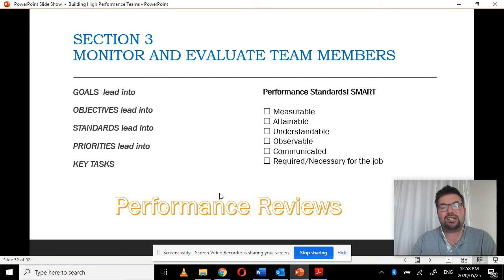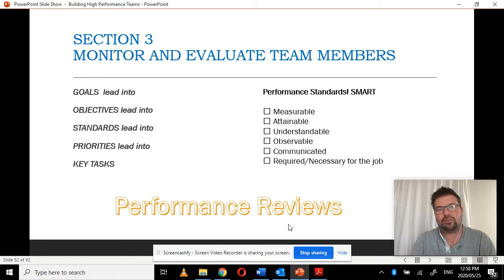All of these feed into something called performance reviews. Now, when you work in a corporate office, you know that every year or every 6 months or every 3 months, you go and sit with your manager and you discuss your key performance indexes and you discuss the targets so that we know that we are on track. If I'm not doing well, I know it because I have spent time with my manager and I've also known my performance standards up front.